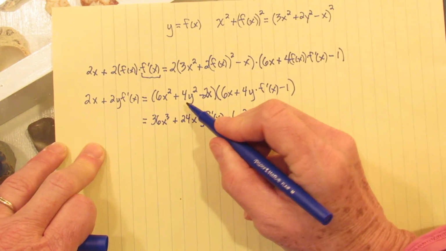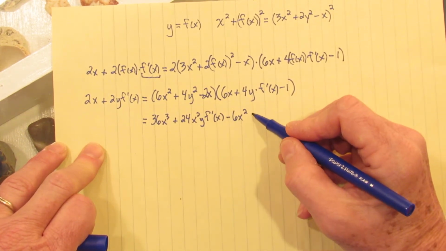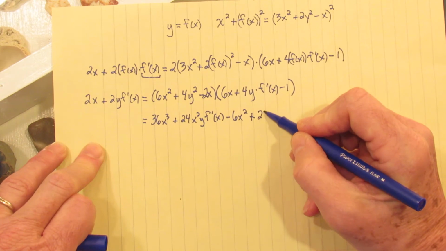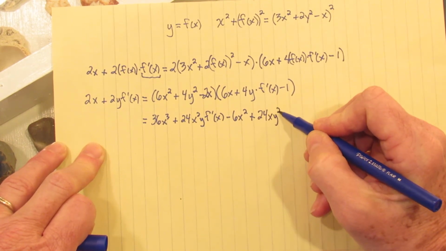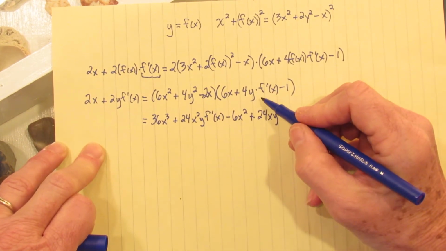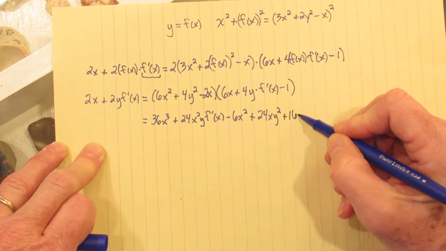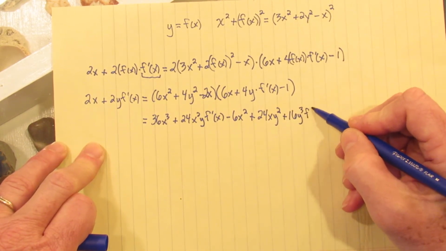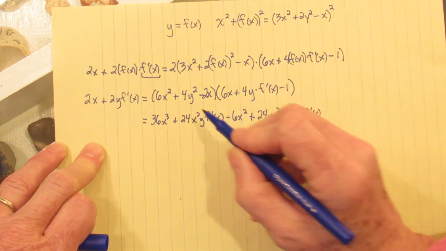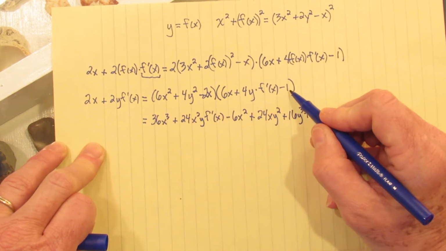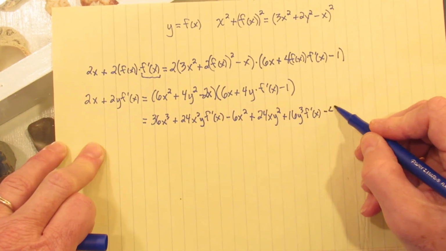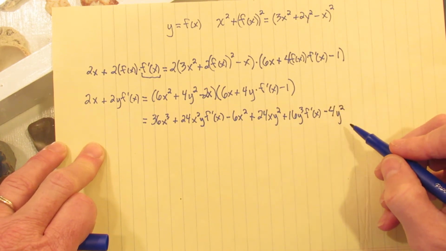Moving on to the next term, 4y squared times 6x will be 24xy squared. 4y squared times this term will become 16y cubed f prime of x. And then 4y squared times minus 1 is negative 4y squared.